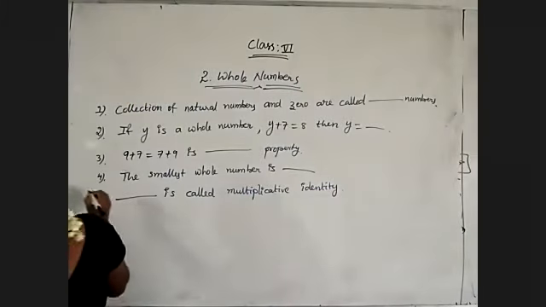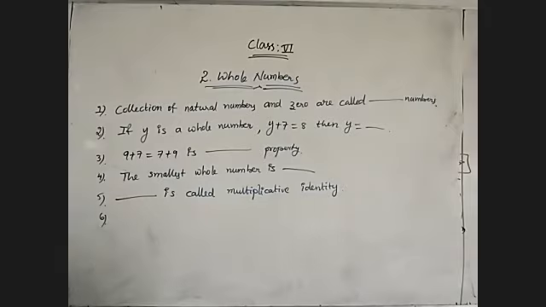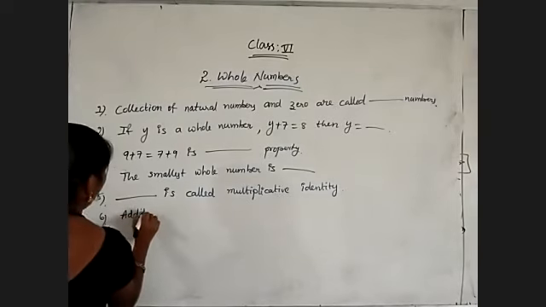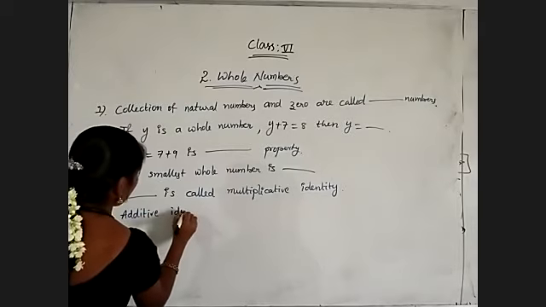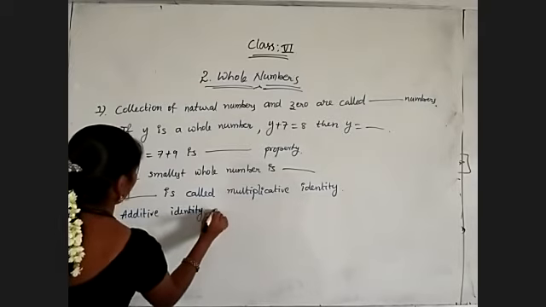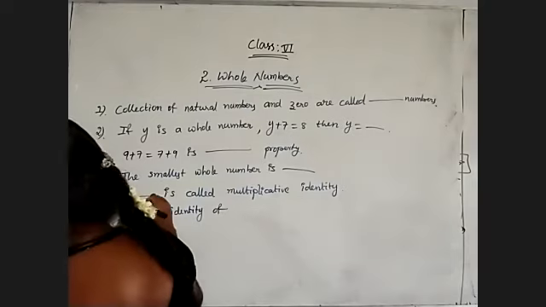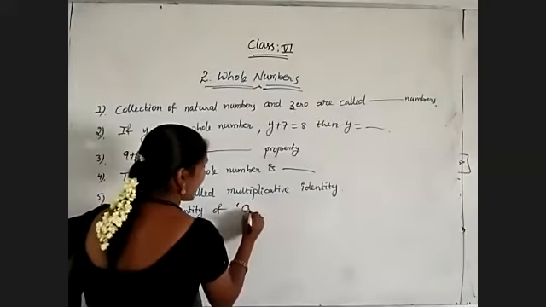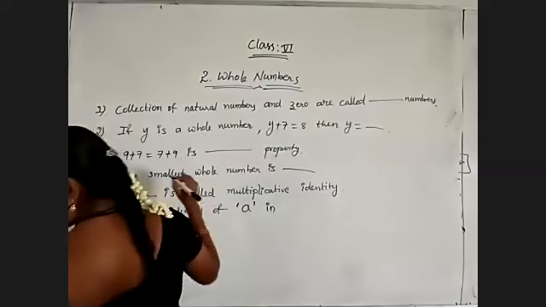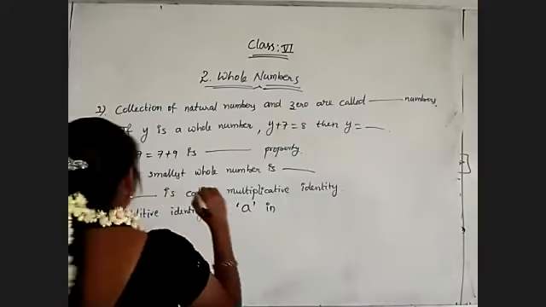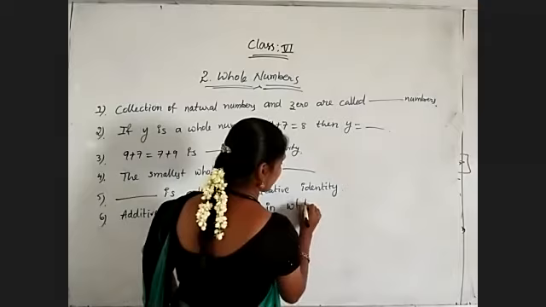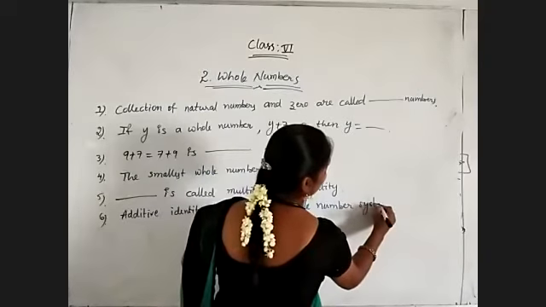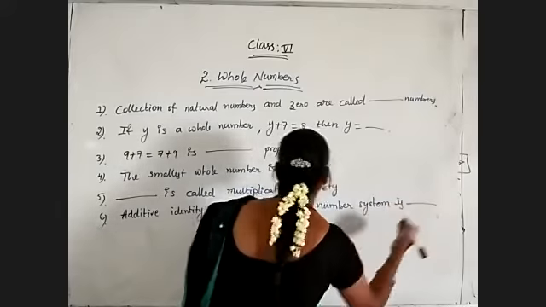And the next problem, additive identity of a whole number. Additive identity of a in whole number system is dash.